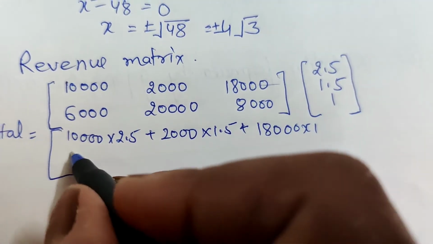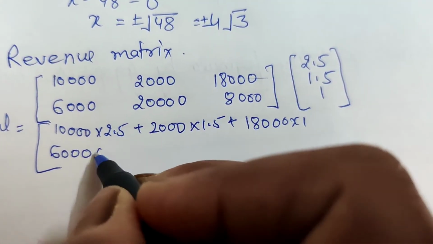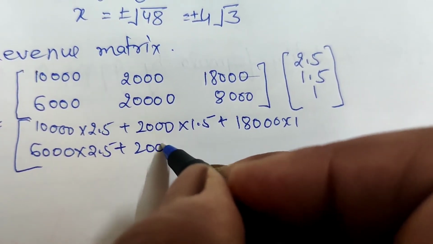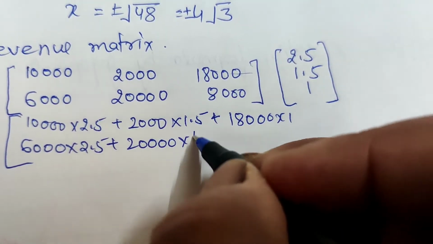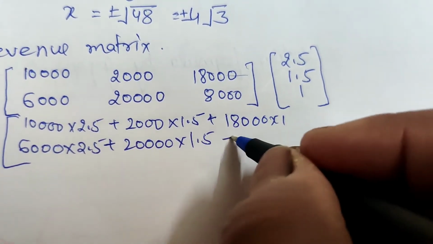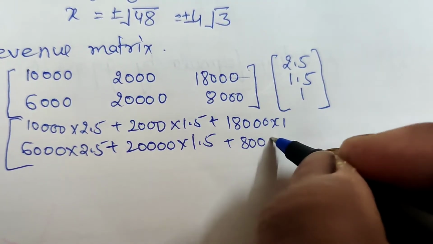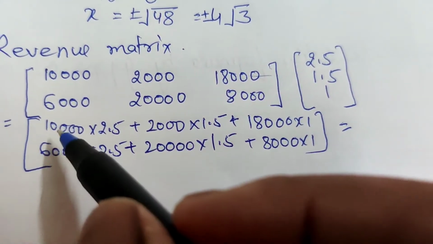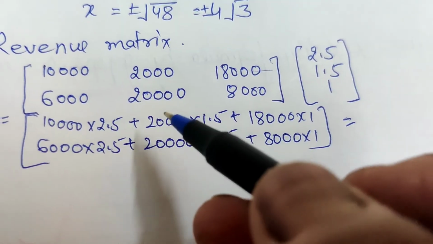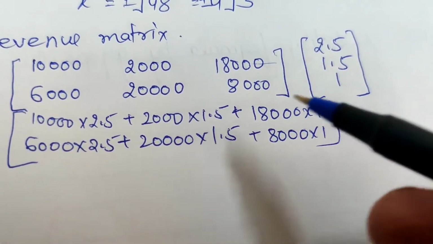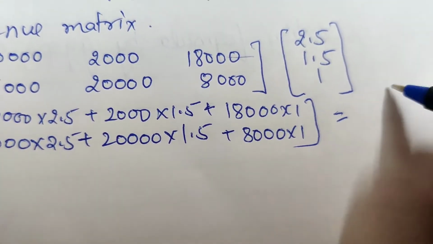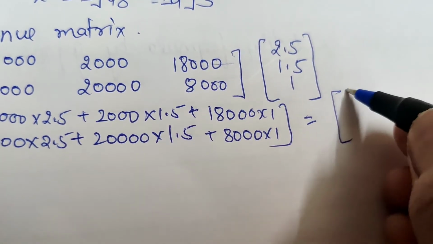And the second 6,000 into 2.5 plus 20,000 into 1.5 and 8,000 into 1. Now solve and add. 10,000 to add 25,000 plus 3, 28 and 18. 28 and 18 is 46,000.